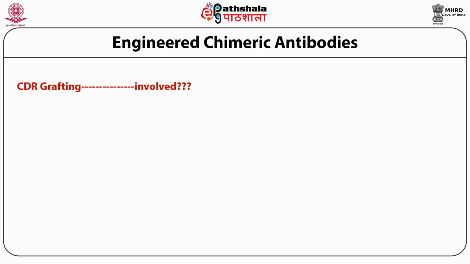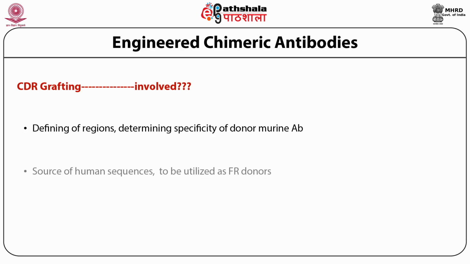For CDR grafting of a mouse antibody, we need to define the regions which determine the specificity of the donor murine antibody, because that is the region we are going to use as the donor fragment. Secondly, because we are going to graft that part into another antibody sequence, we need to decide the source of the human sequence that will serve as the FR, or framework region, donor for that antibody.